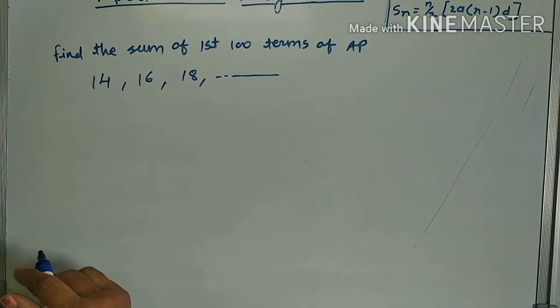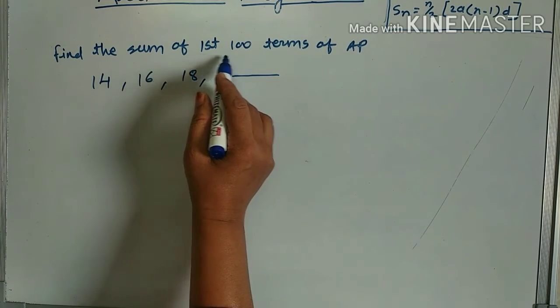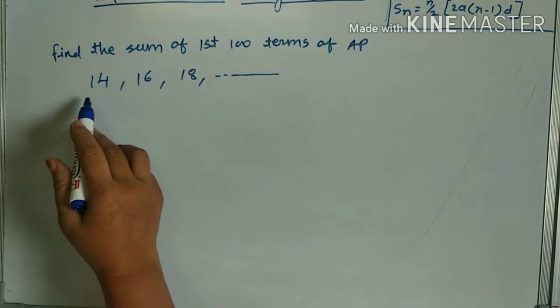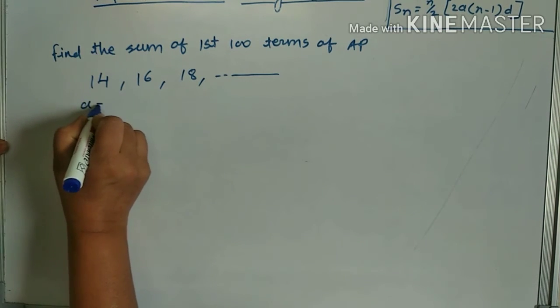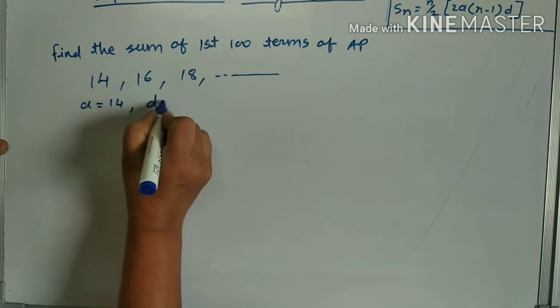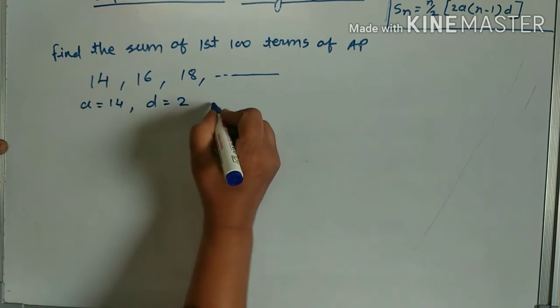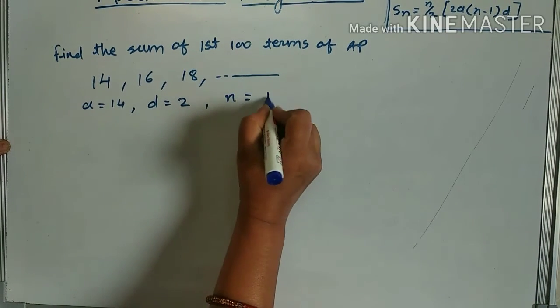Now using this formula, find the sum of the first 100 terms of the AP 14, 16, 18 and so on. Here A equals 14, D equals 16 minus 14, which is 2, and n equals 100.